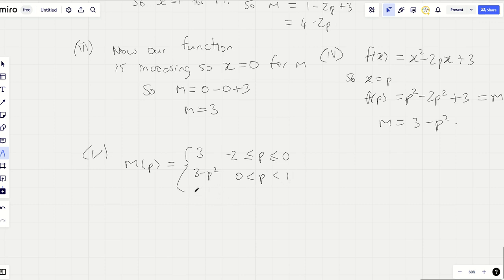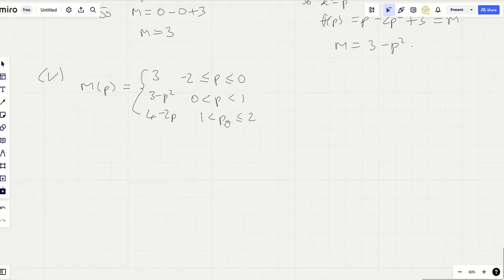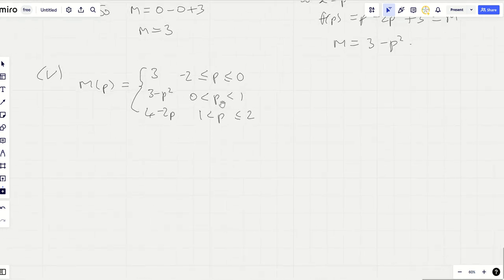And then 4 minus 2p is going to be the case for when 1 is less than p, which is less than or equal to 2. Or we go from minus 2 to 2, inclusive. Cool. It doesn't really matter too much where you put those strict inequality signs. I probably should let p equal 1 here. You get 2 coming out of it either way, so it doesn't matter whether you put it there or there, because it doesn't change the graph or the behaviour.